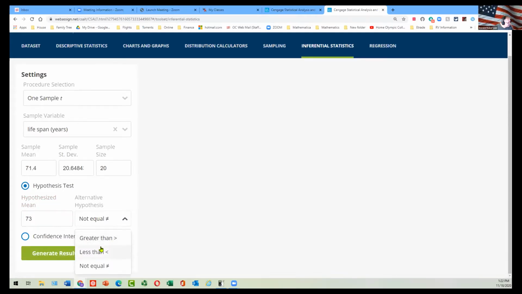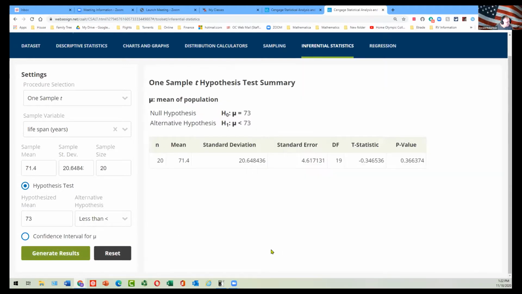And we're trying to see if it's less than that. So I'll generate the results. And the t statistic is negative 0.346. And the p-value is 0.366.